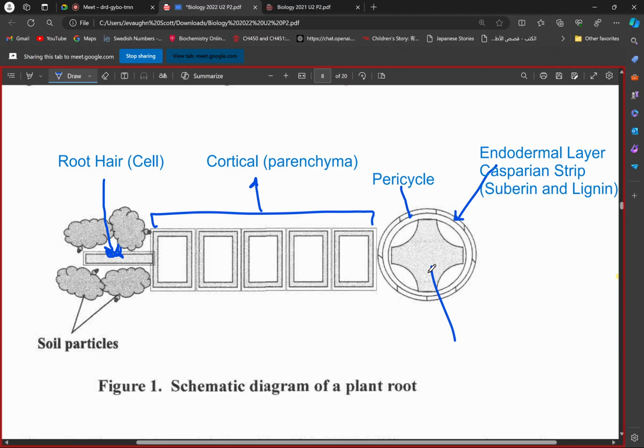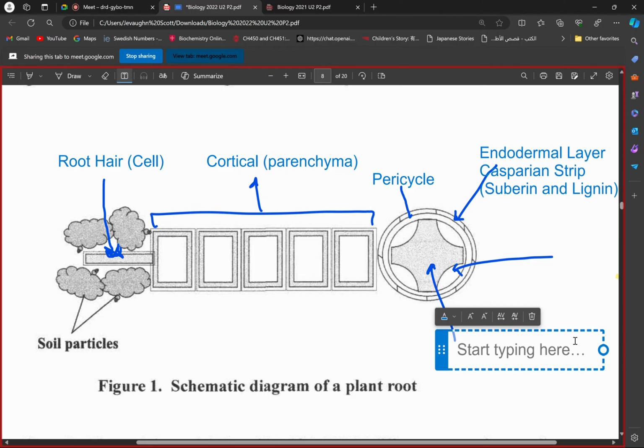As the first one, what's the star-shaped large structure there? The X is the xylem. Xylem. Okay, and the next is the phloem. No, this isn't that hard. Alright, so that's it, right?